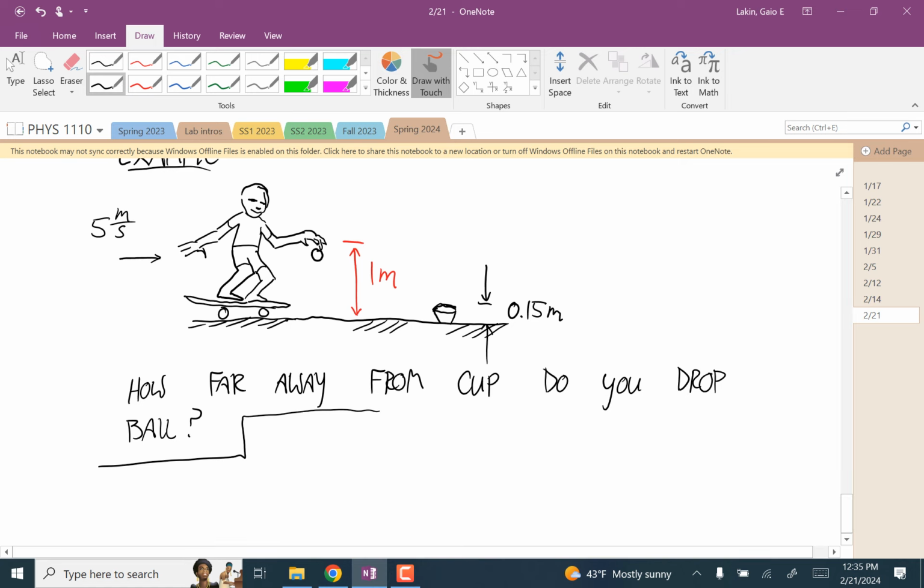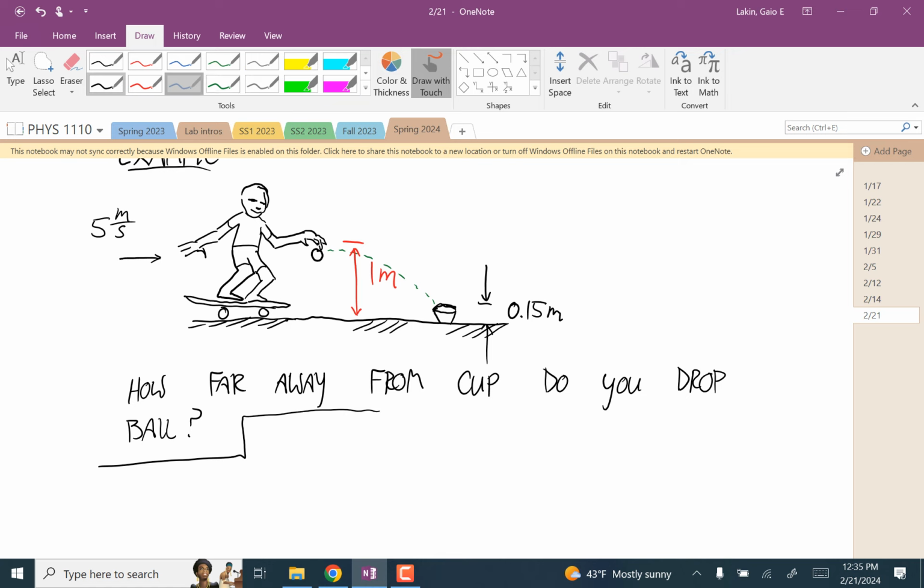So if you and the skateboard are moving at 5 meters per second, at the instant you drop this ball, it's also moving horizontally at 5 meters per second. And so it's not going to drop straight down. It's going to follow a path like this, a parabolic path. Are you with me on that? Okay.